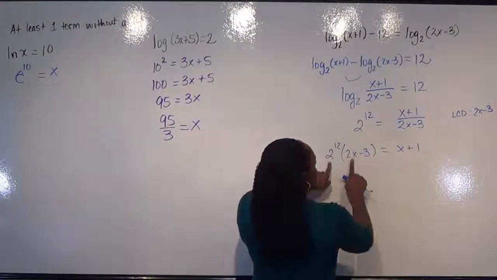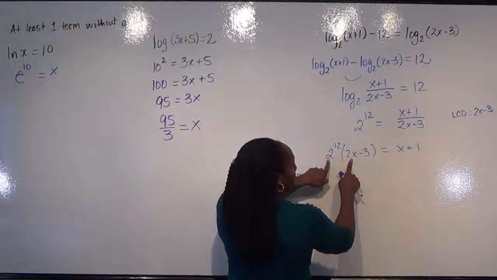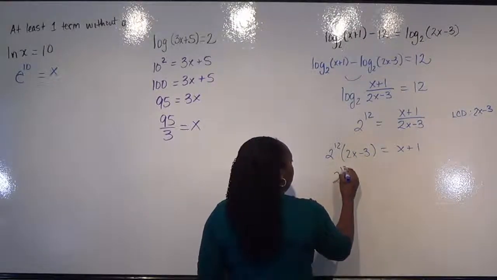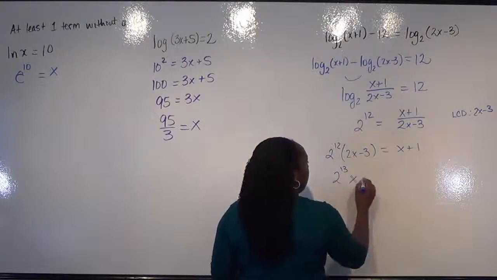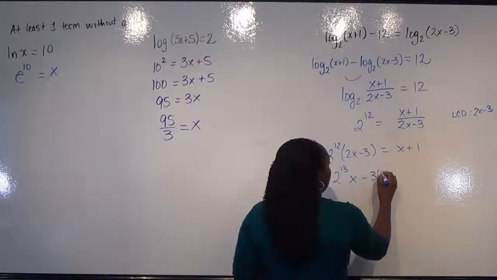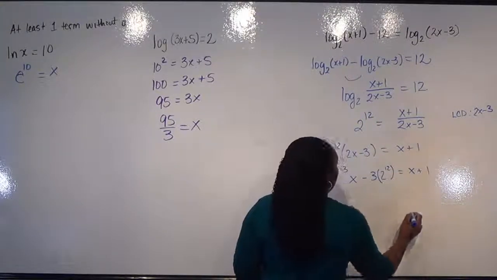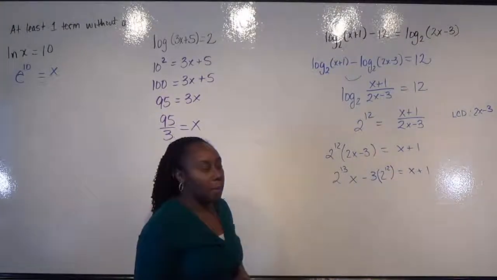Okay. Notice when I multiply here, both have base 2, so 2 times 2 to the 12th is 2 to the 13th, times x, minus 3 times 2 to the 12th, equals x plus 1. Okay.